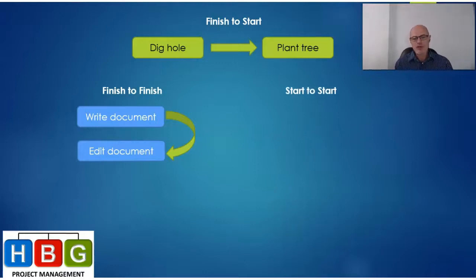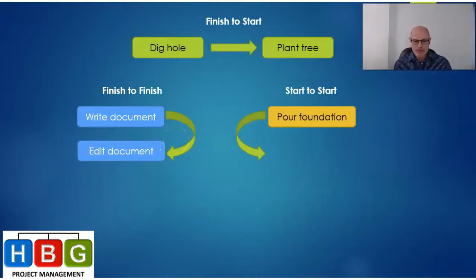Right, the third one is a start to start relationship. There we can see pour the foundation is your predecessor, so that happens first, and then after that, level the concrete. So you pour the foundation first, so you need to start with that, then you can start to level.